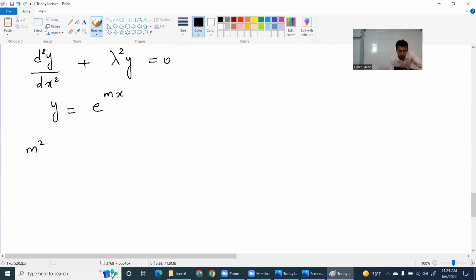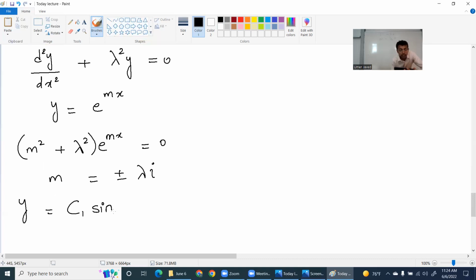Do you remember from your differential equations that you used to model this like this? m square plus lambda square into e power mx equal to 0, right? So our professors used to tell us that the roots of the characteristic equations are like this. And then when I used to ask them, what is the meaning of this? They used to say, it is sine of lambda x.